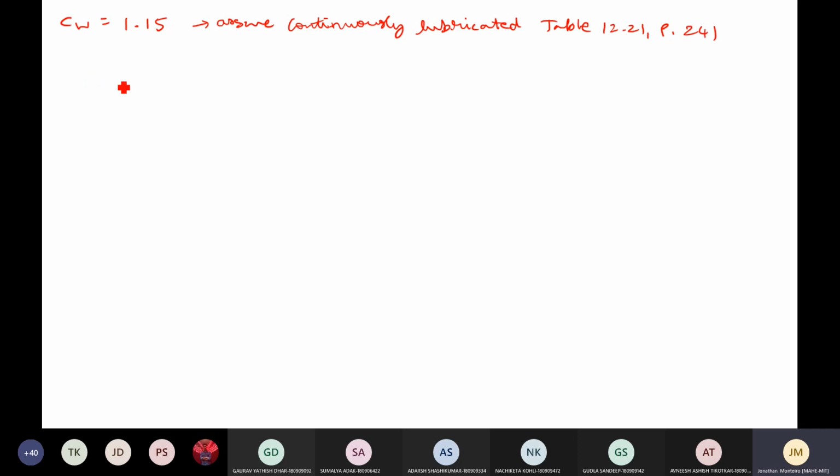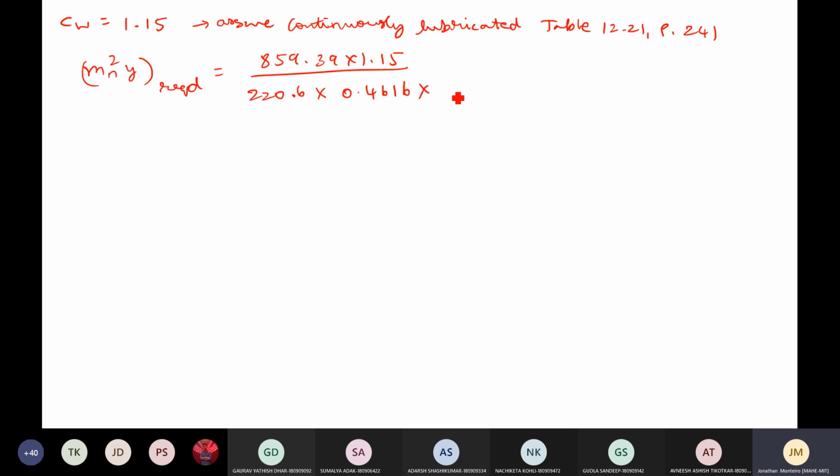Okay, yeah. So with all those factors, let us calculate what is mn square y, which is required. So required value is, here it is 859.39 into 1.15 by, we are discussing with respect to pinion, so sigma d value is 220.6, Cv is 0.4616, and K value is 15, and this is pi.